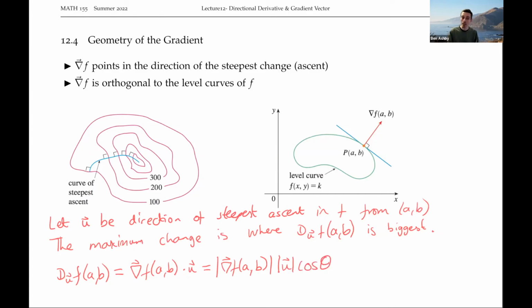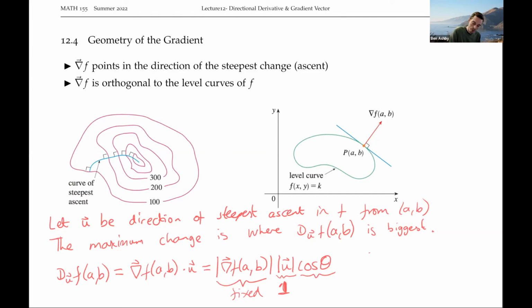This is just from our rules about dot product. But we know that we've got a unit vector here. By definition, u is a unit vector, so the length of u is always equal to 1. And the length of this gradient vector is also fixed. So the only thing that we can vary is this cos theta.